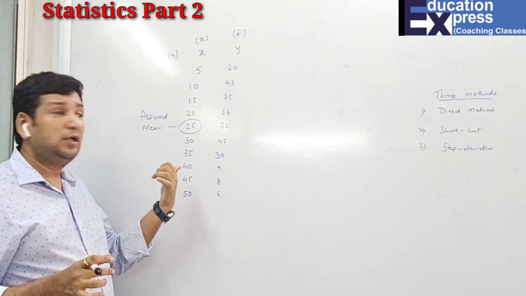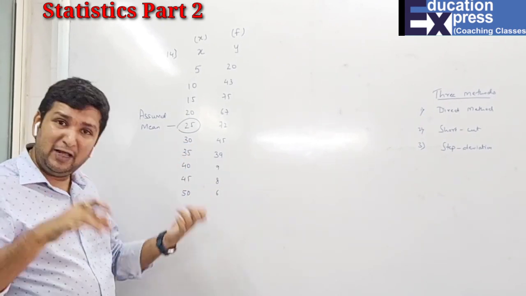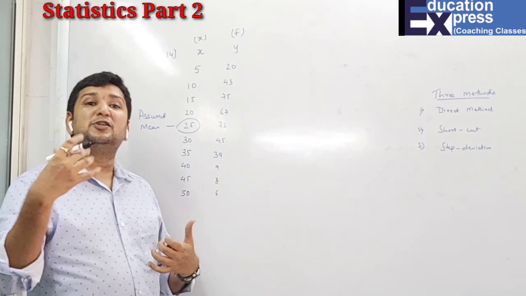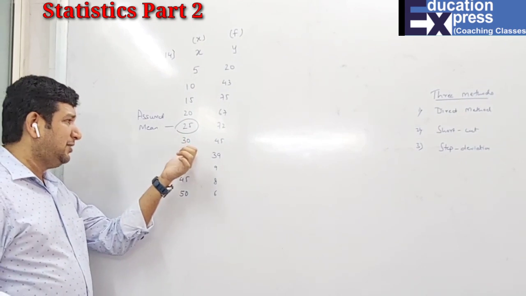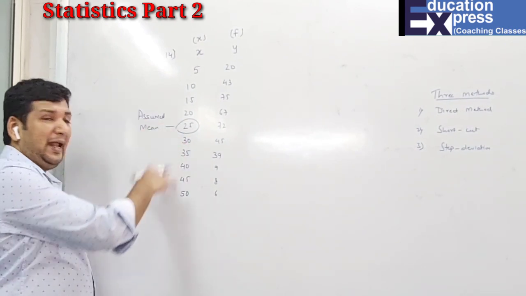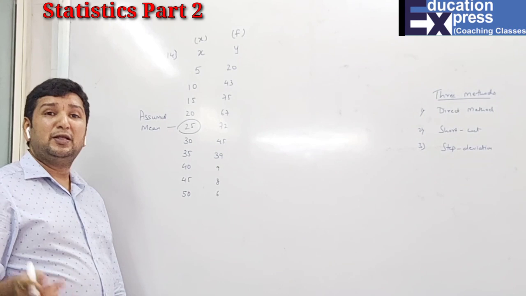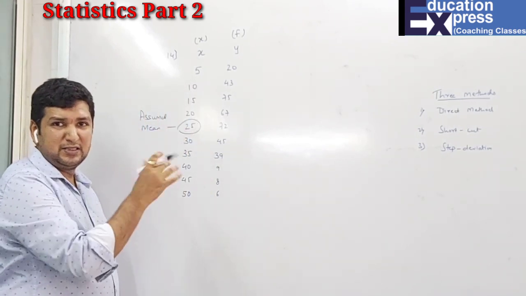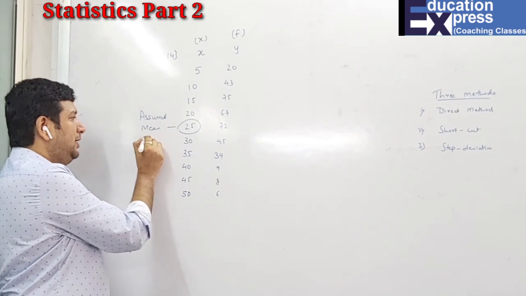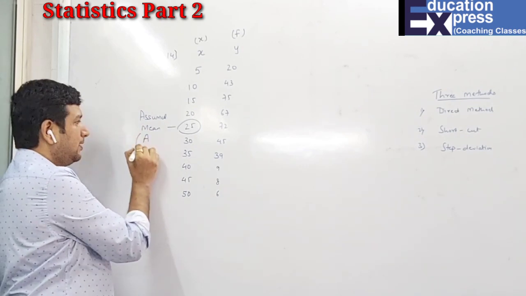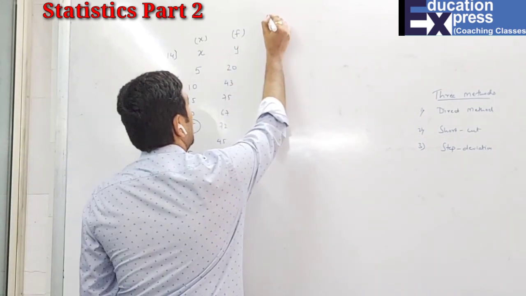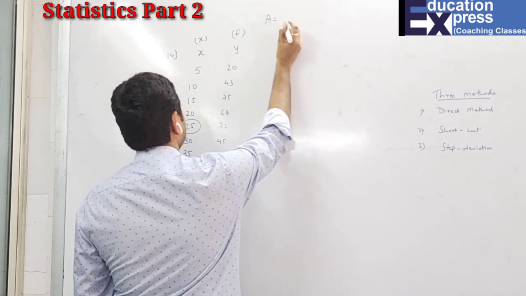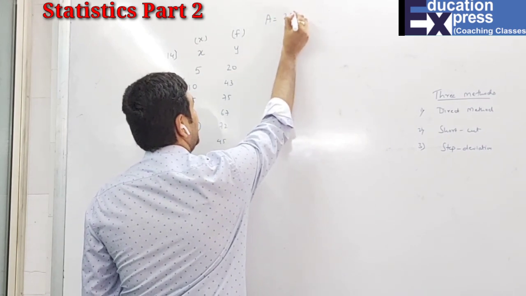It is not necessarily 25, it can be something else also. Some students will ask, can we take 30? Yes, you can take 30. But don't take any other value apart from that, or you will find the calculation very tough. So either 25 or 30, select whatever you want. And this assumed mean you write as A. So your assumed mean is 25.